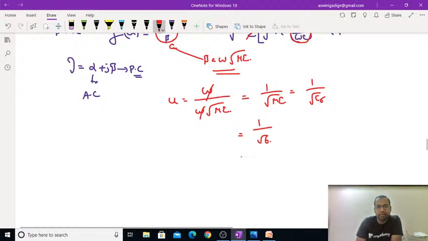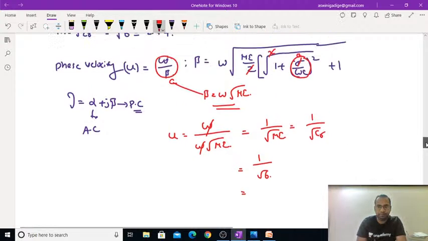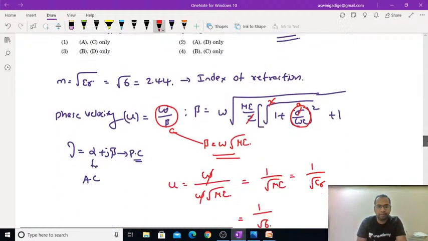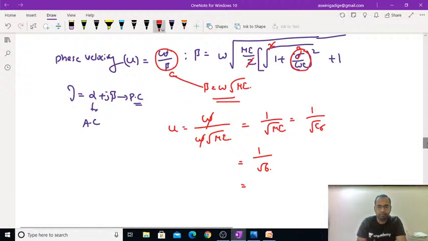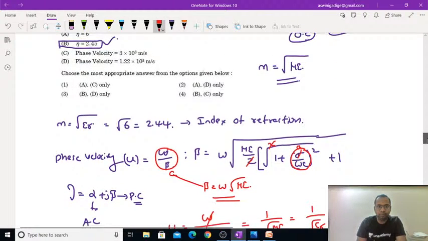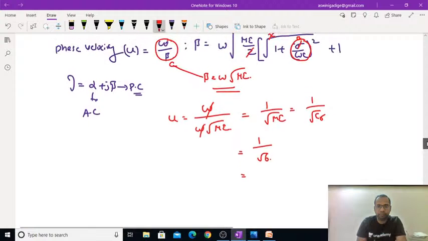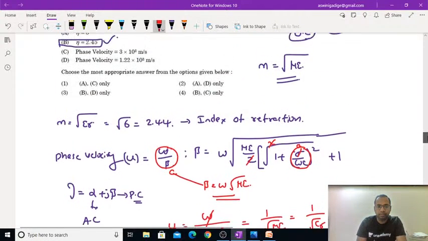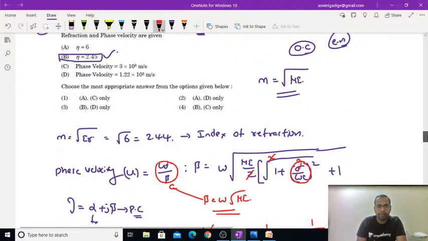So 1 divided by root 6 value is how much, guys? Okay, fine.